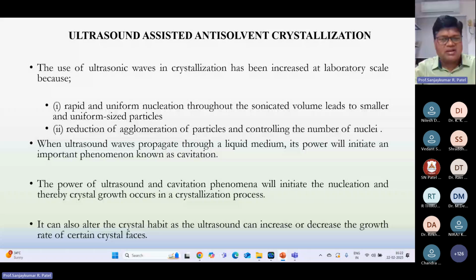Okay, and since it is a very rapid process, we have rapid growth of the particles. So in a small period of time itself, we are able to get the particles generated with the help of ultrasound.